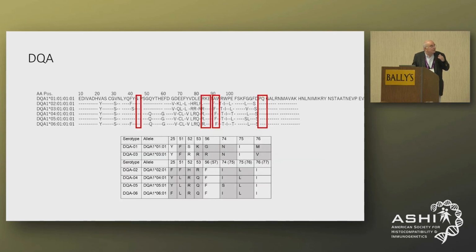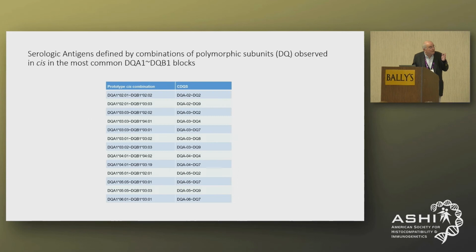We also use residues to define DQ alpha because there is no formal nomenclature. You are going to see that we propose to call DQA and follow with the first field, and this looks familiar to you. We are using those names anyway today, but we would like those to become formal nomenclature. And there has been a lot of data showing that there are antigens defined by both subunits.